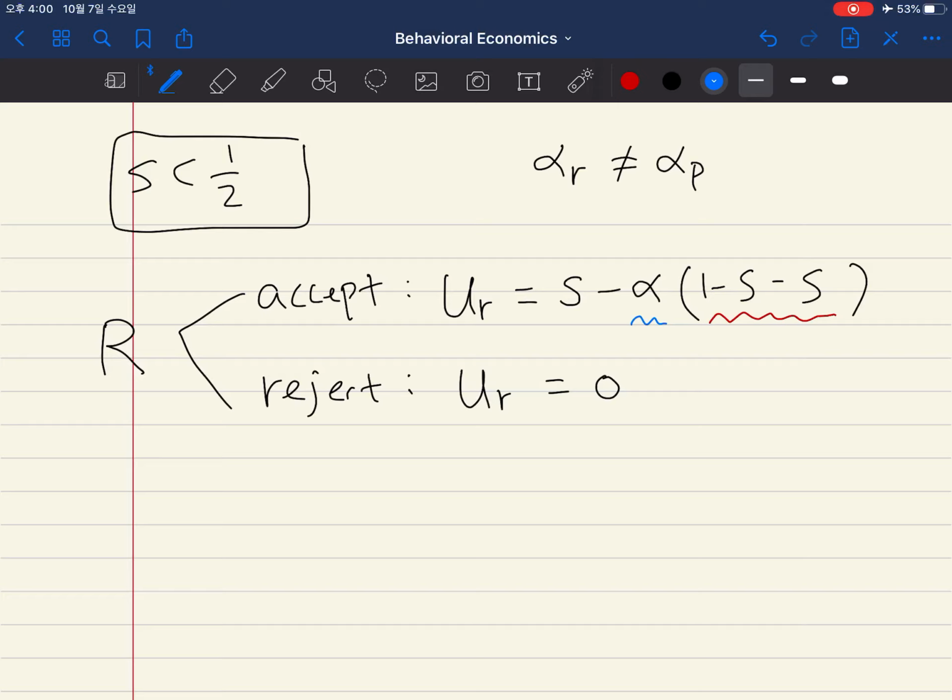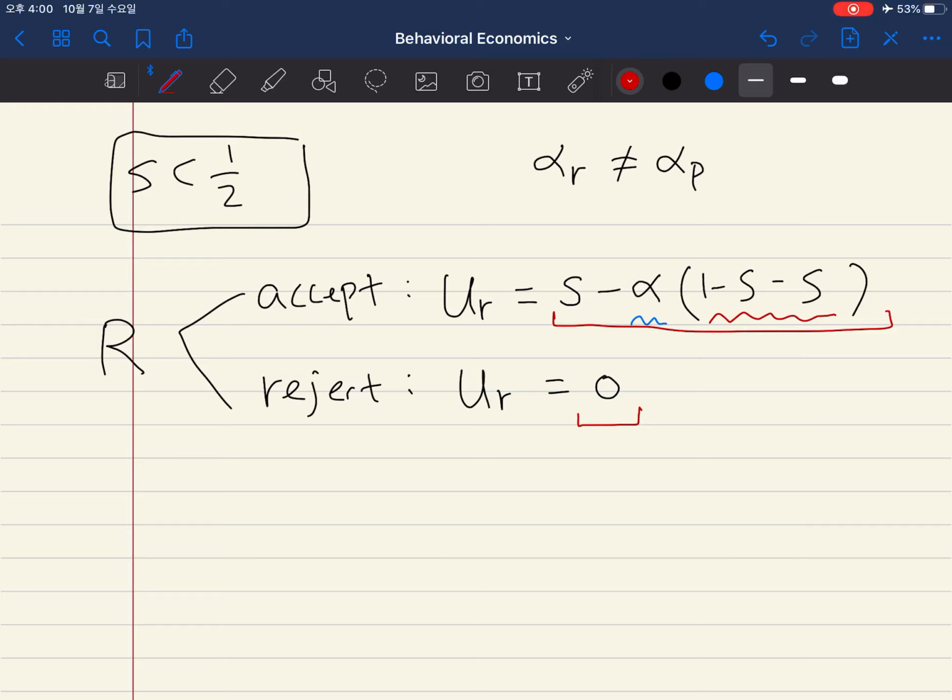Okay, then this is the utility from accept. We want to compare utility from accept and utility from reject.